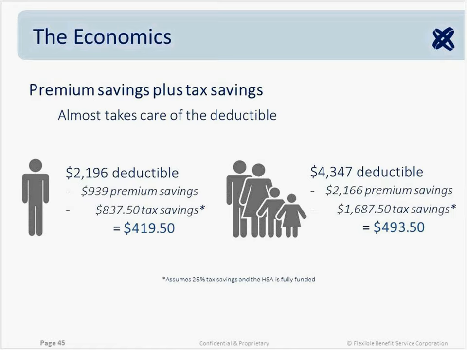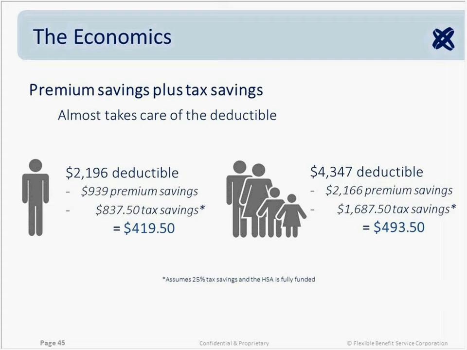So just using the numbers on the left, the average qualified high deductible health plan has a $2,196 deductible. Well, we know that plan right away, because it's a higher deductible plan, is going to result in premium savings on average of $939. And then if we assume somebody is fully funding their HSA, either through employer contributions, employee contributions, or a combination of both, there's going to be tax savings, assuming a 25% total tax savings between federal income, state income, and FICA taxes, of just over $837.